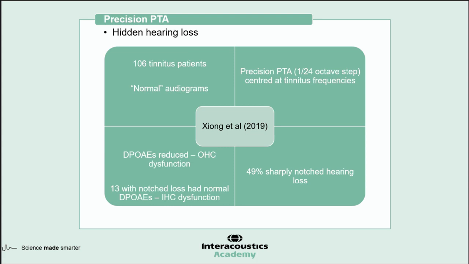And even with that sharply notched hearing loss, the OAEs looked completely normal. So whether that is to do with the frequency specificity, or whether we're then considering an inner hair cell dysfunction situation, which links back to the dead regions that I was talking about, it is again worth doing that further testing and more investigations to look into what exactly is going on underneath that.